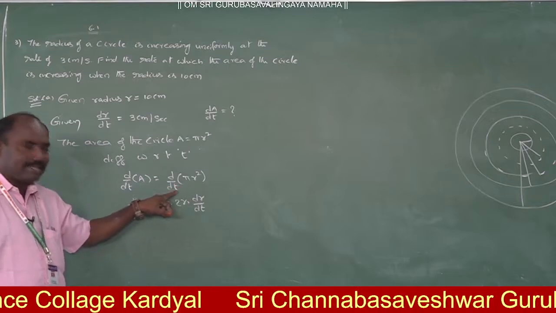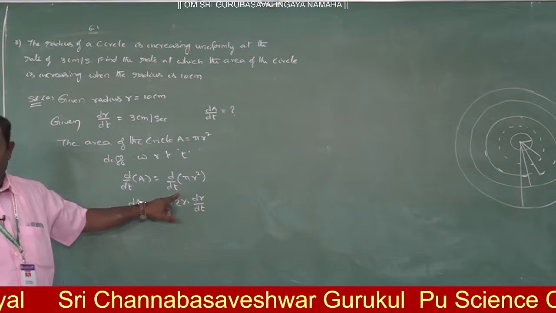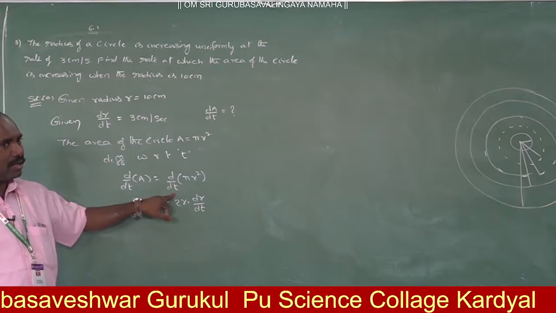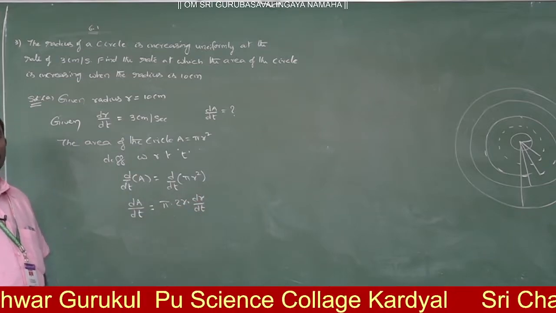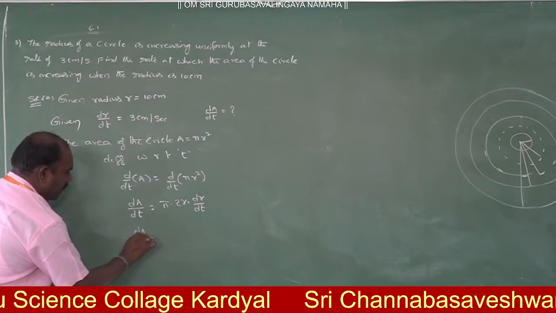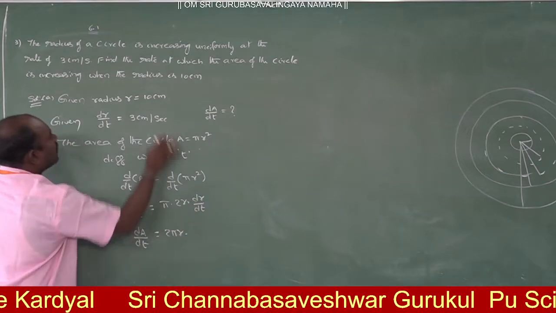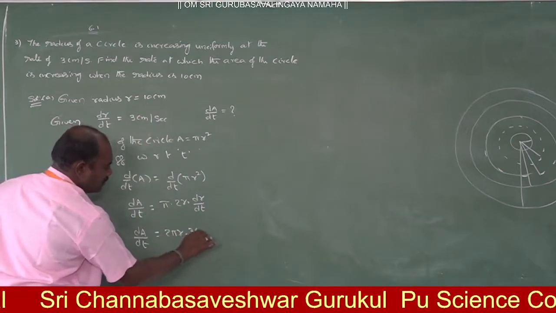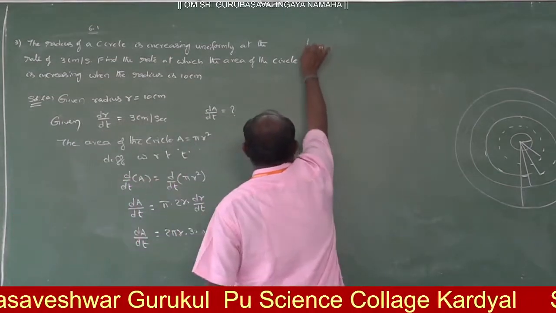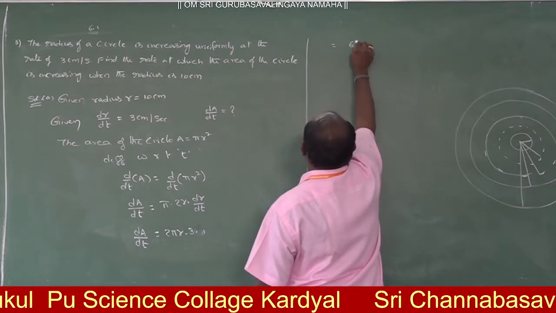The differentiation of r square is 2r, with respect to t, so dr by dt. What is the value of dr by dt? dA by dt equal to 2 pi r into dr by dt, equal to 3 centimeters per second, so dA by dt equal to 6 pi r.